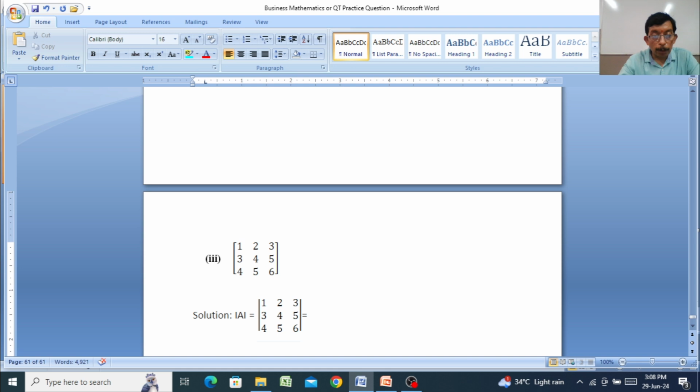The first element of the first row is 1 and the corresponding cofactor is C11. Then we take a minus sign. The second element is 2 and the corresponding cofactor is C12. Then taking the sign plus, the last value of the first row is 3 and the corresponding cofactor is C13.